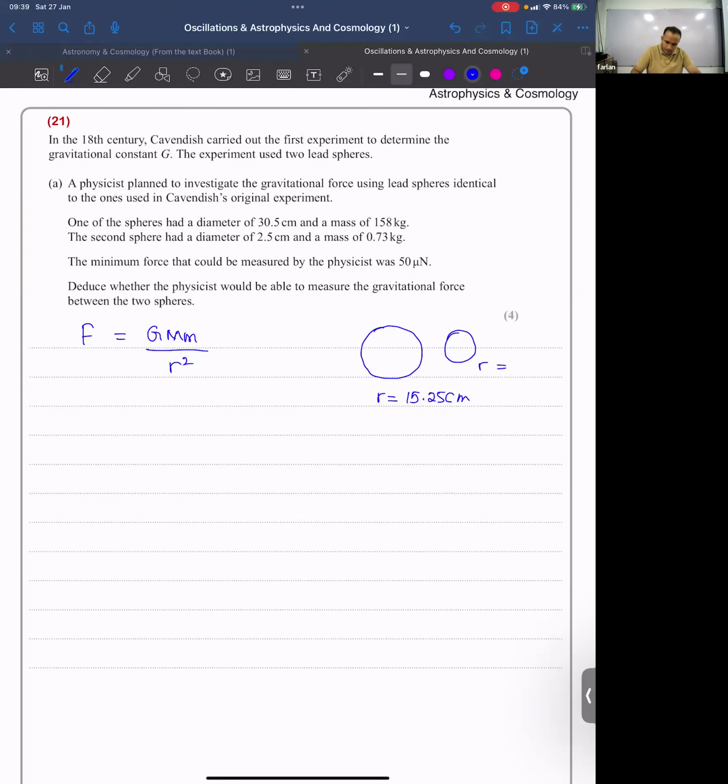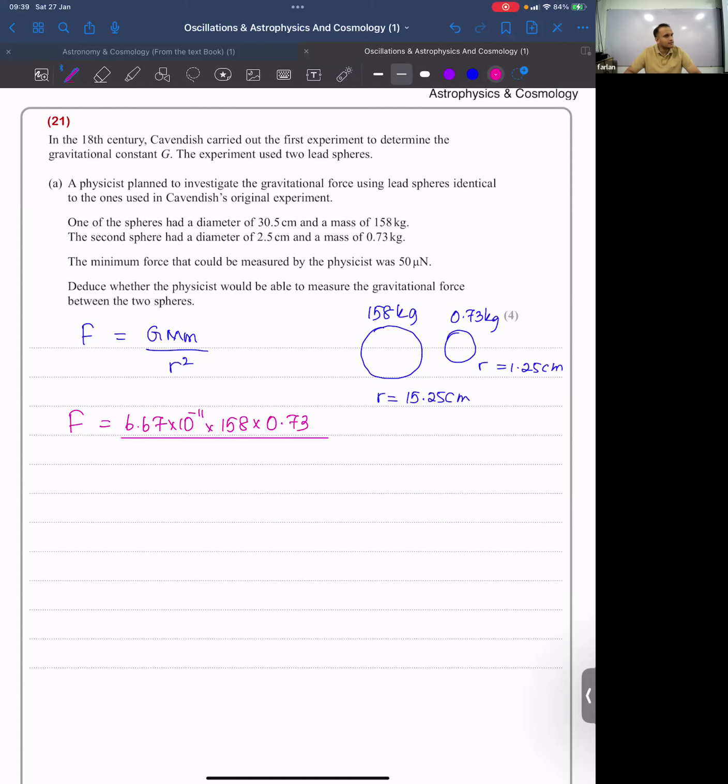The other one has a radius of 1.25 centimeters. This has a mass of 158 kilograms and this has a mass of 0.73 kilograms. So F equals 6.67 times 10 to the power minus 11, times the mass 158, times 0.73.